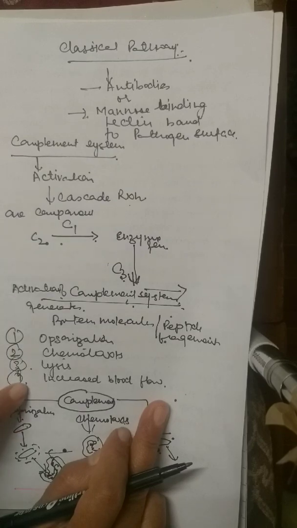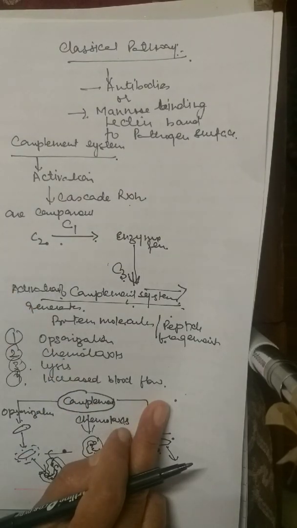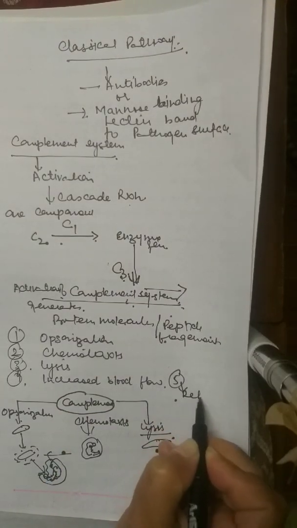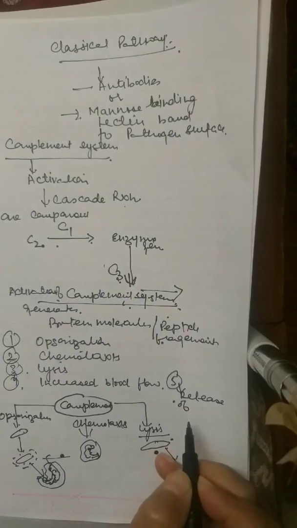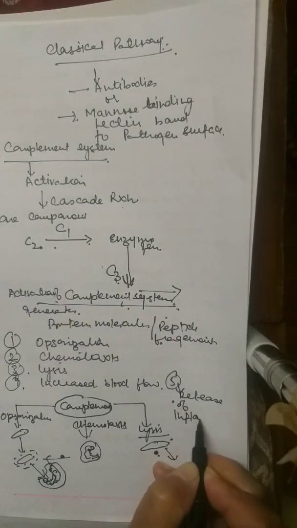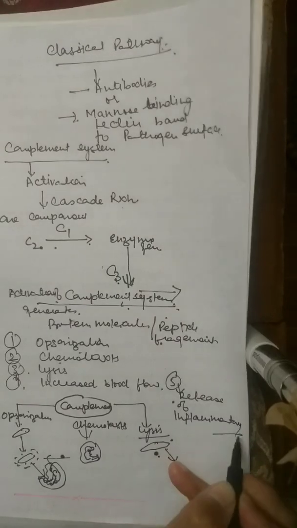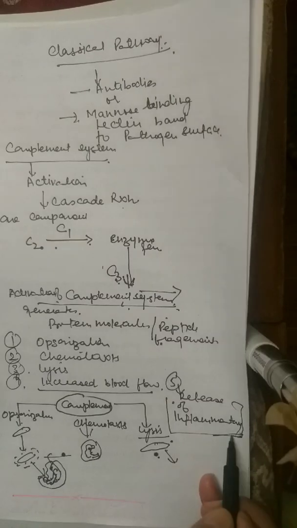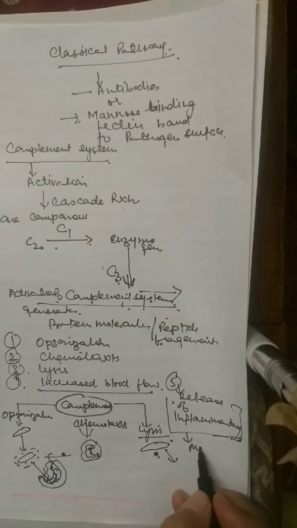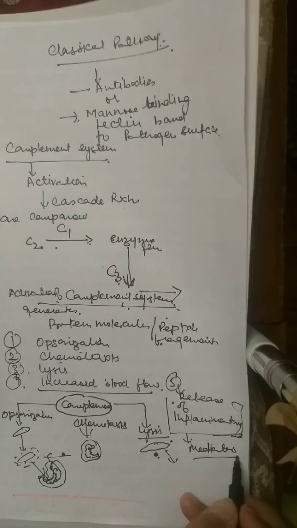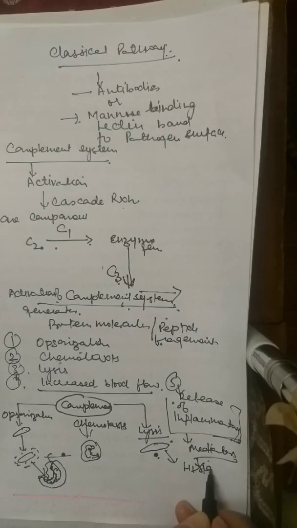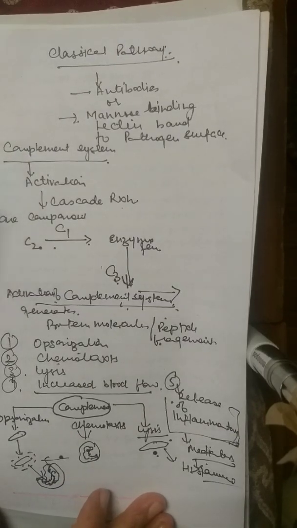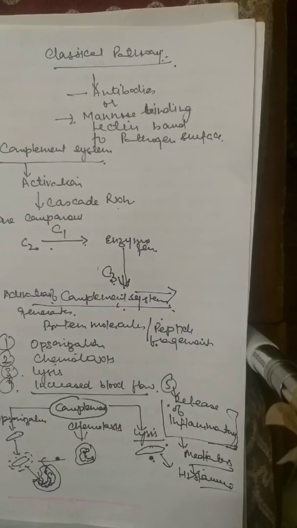And the fifth is the release of inflammatory mediators. So inflammation also starts, this is also a part of the inflammatory reaction. Mediators like histamine, kinins, etc., would be released. So this is the working, the mechanism, of the complement system. That is all for now.